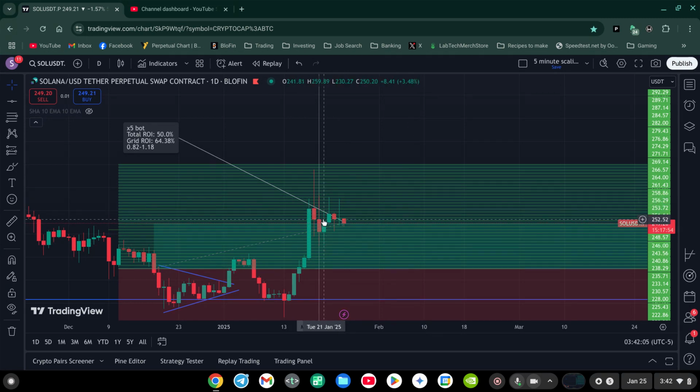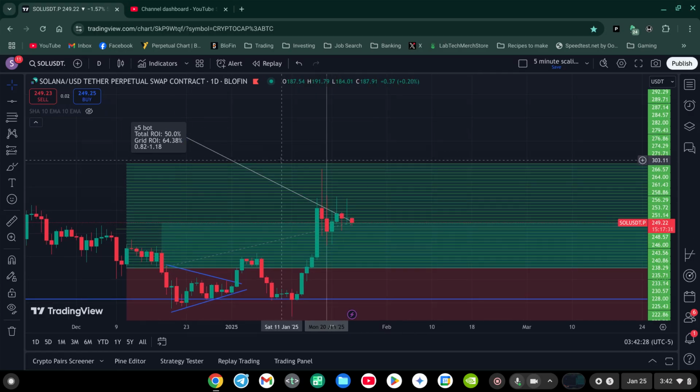So the currently held entry price of the bot is apparently somewhere above the current price action. So the trade it's holding is in slight loss, and that's pulling our total ROI below the grid ROI.